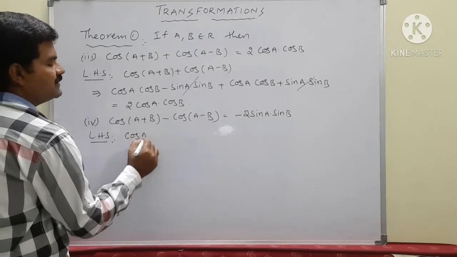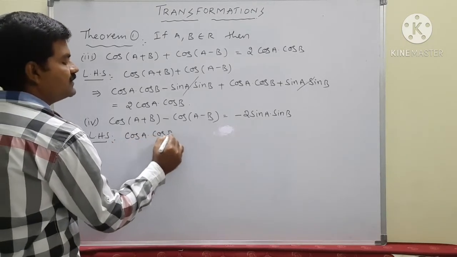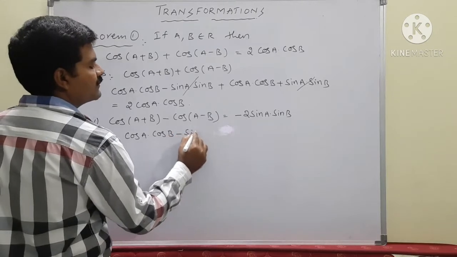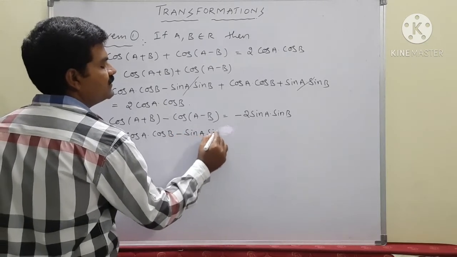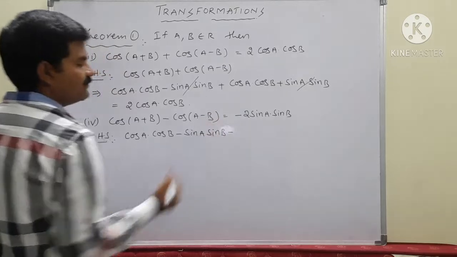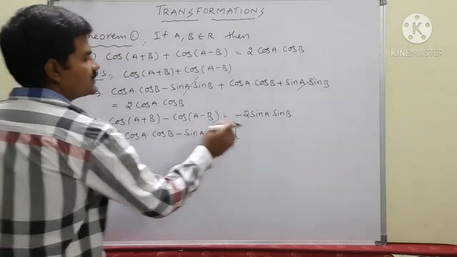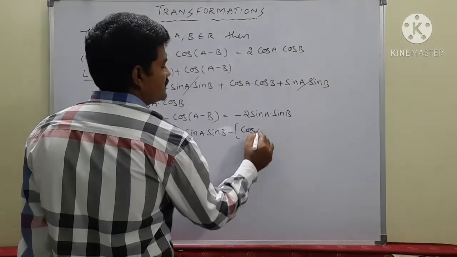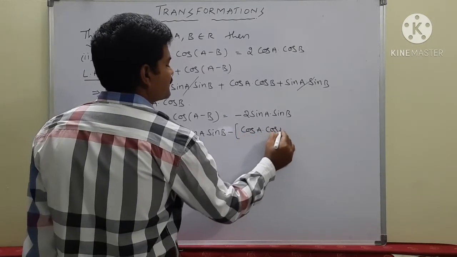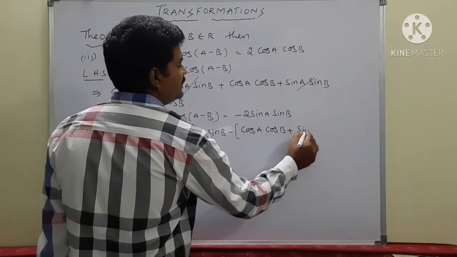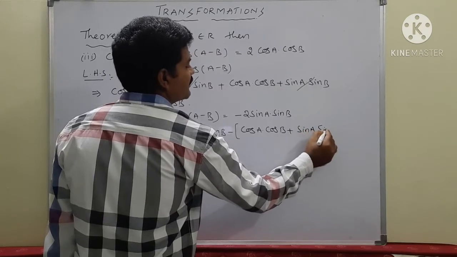Formula for cos of a plus b: cos a into cos b minus sin a into sin b, minus the formula of cos of a minus b: cos a into cos b plus sin a into sin b.